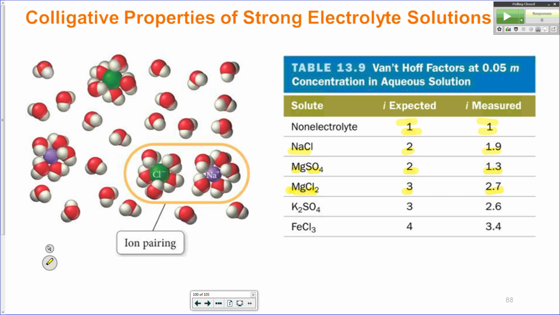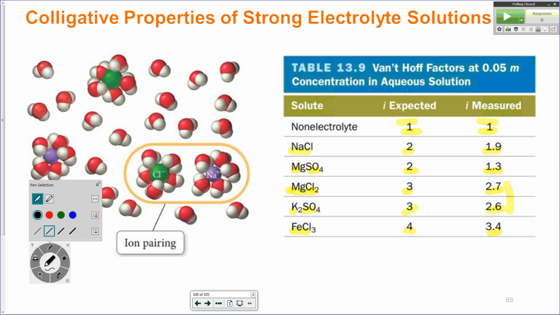If we look at potassium sulfate, with the double charge on the sulfate ion and potassium a +1, we expect 3, it's 2.6, so those two are fairly close to one another. Something like ferric chloride, we expect it to be 4, much like the aluminum nitrate on the previous page. It's 3.4. So the reality is we have to use the measured term.